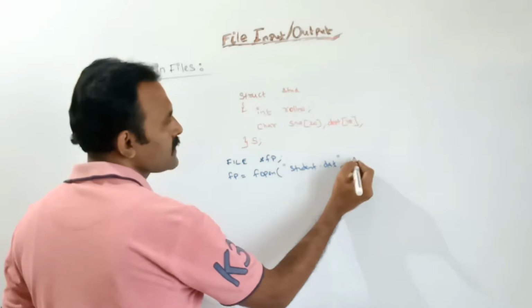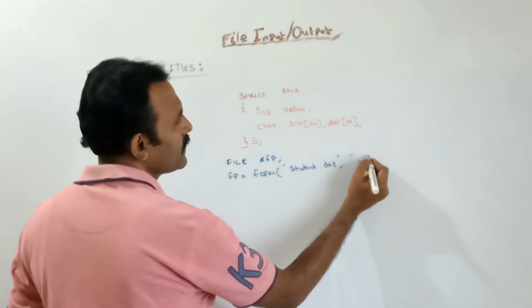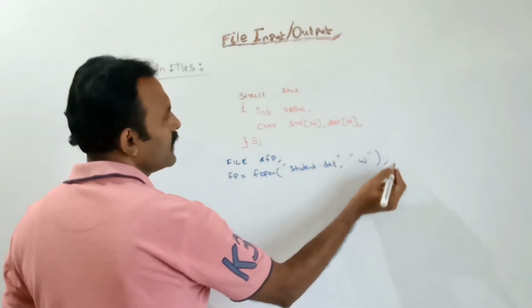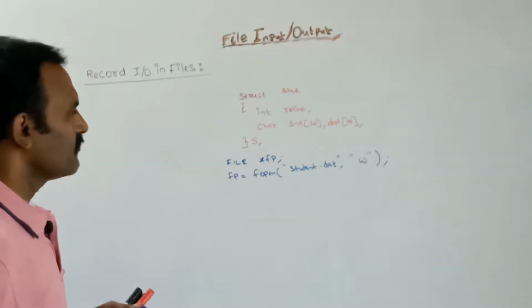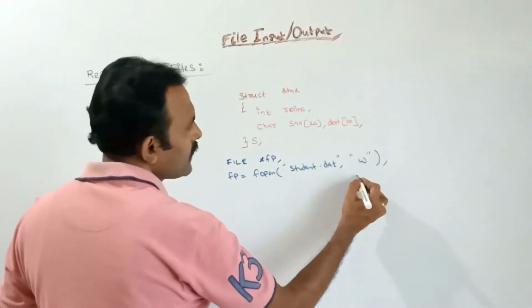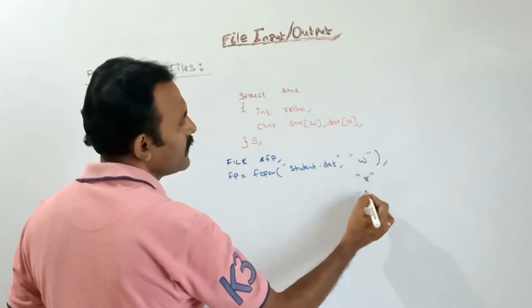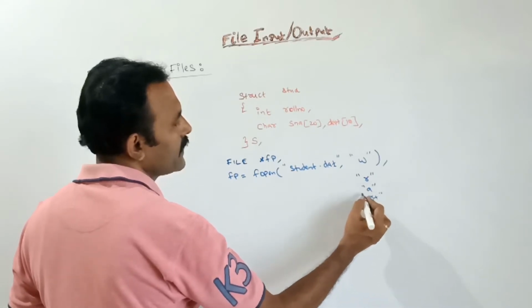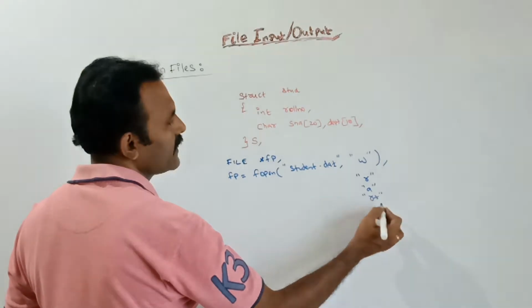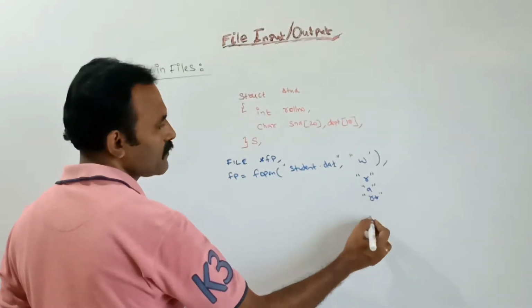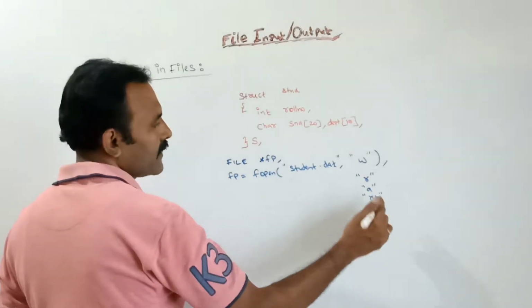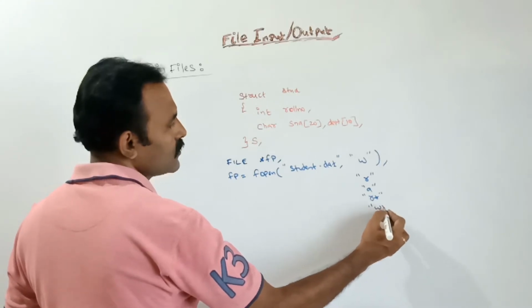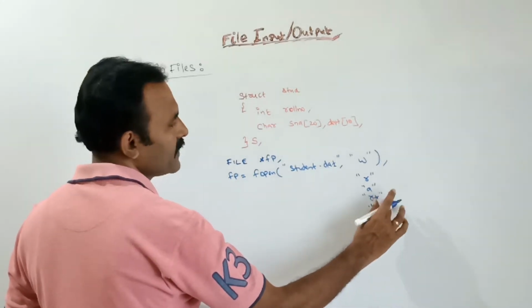If I am opening it in write mode, then I can write the file. This is under text mode. Next, reading the file, appending the file. Next, reading with the plus symbol: by using this plus symbol we can modify and read. So w+ means we can write and modify the file.